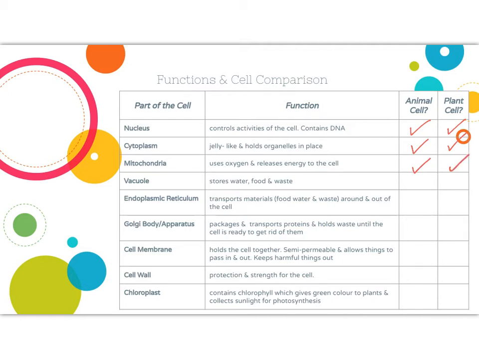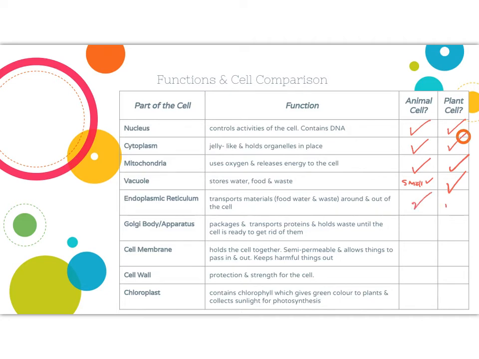A vacuole stores water and food waste. You can see that a vacuole is giant in a plant cell, and it's small. It's still present, but it is small within an animal cell. The endoplasmic reticulum transports materials like food, water, and waste around and then out of the cell.